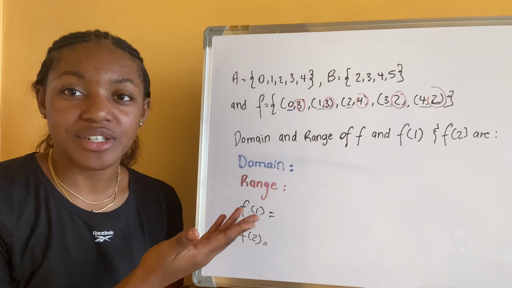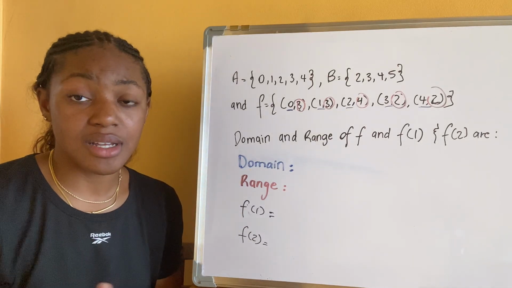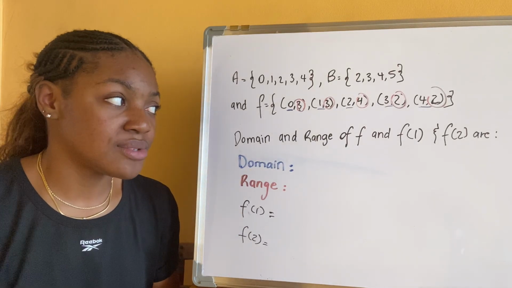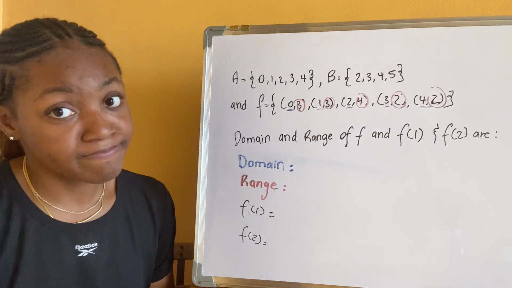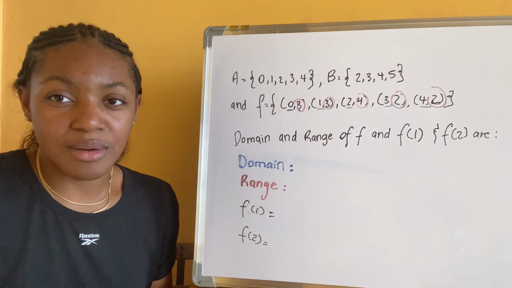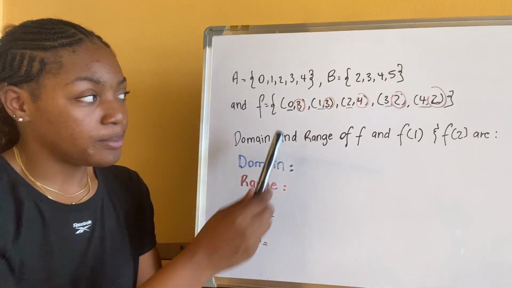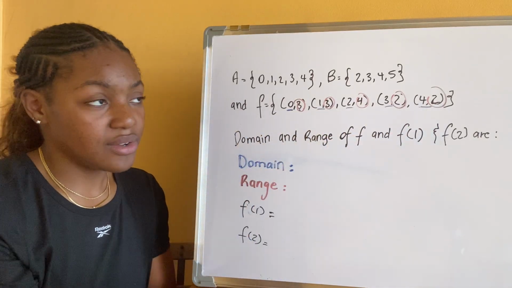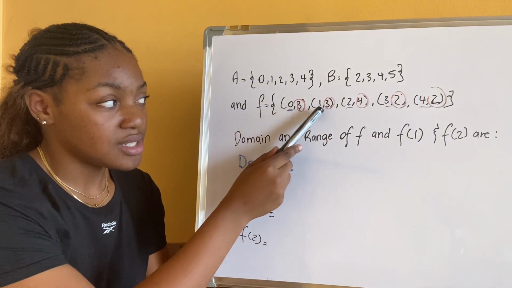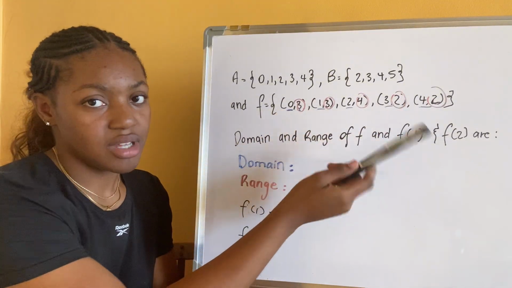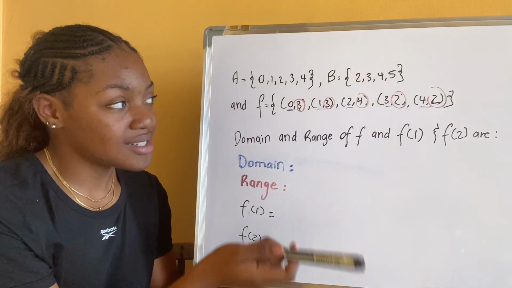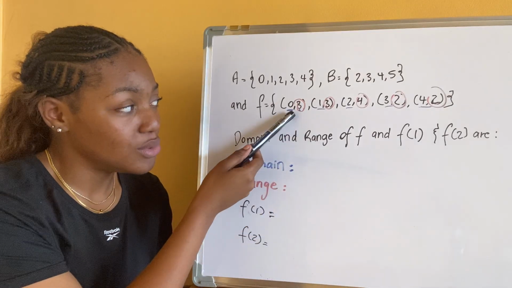Okay, so here's the information we're given, and we want to find out what the domain and range of f are, as well as f of 1 and f of 2. So recall that the domain is simply the x values. If we look at the ordered pairs right here, the x value is usually the first value we see in the ordered pair. Notice that I underlined them using a blue marker.